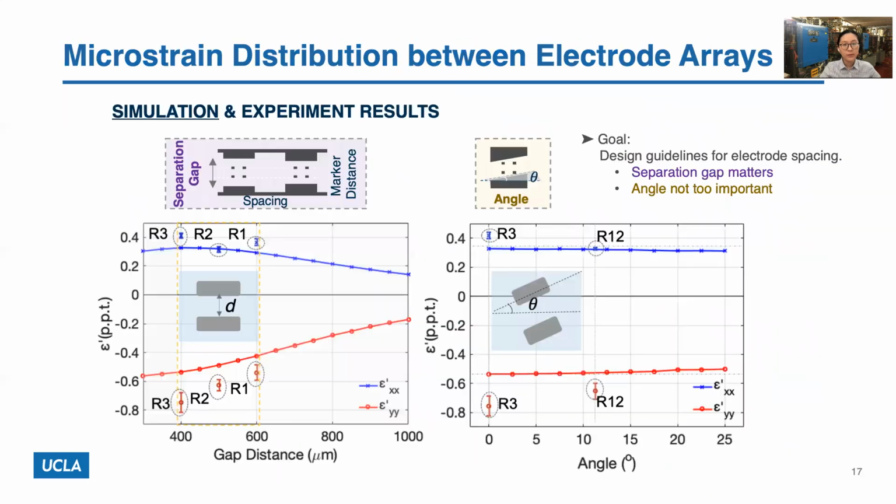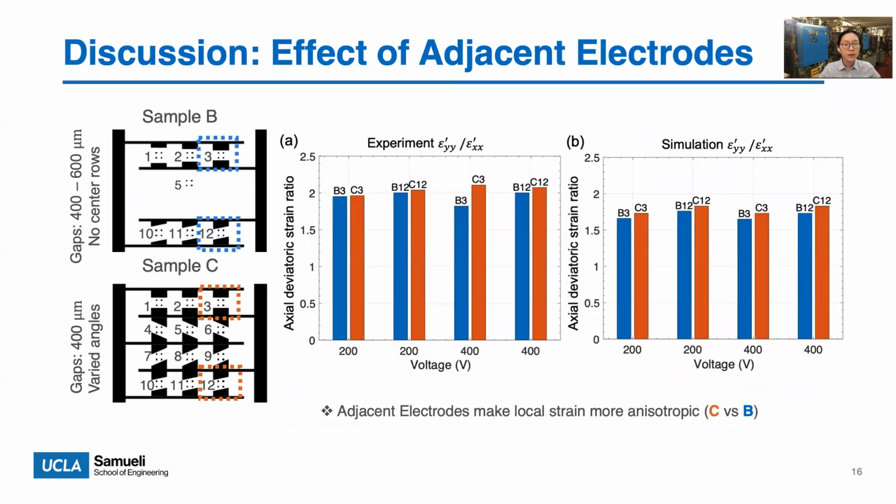Okay, now moving forward to look at the effect of adjacent electrodes. As I mentioned, one of the main differences between B and C is that C has more densely packed electrode arrays. And here we compare regions 3 and 12 from B and C because they are identical in geometry.